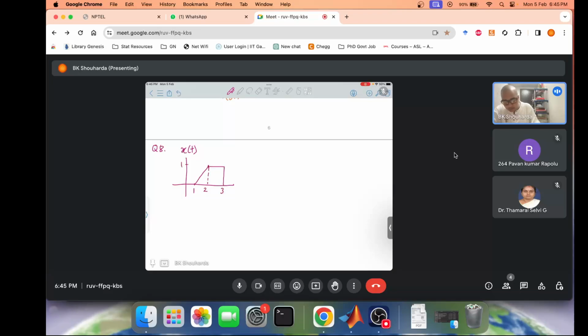That's amplitude 1. And then you have y of t which starts from 0 to 1 upon 3 and ends at 2 upon 3. Amplitude remains the same. Again the same thing.